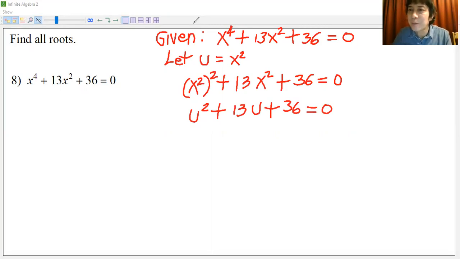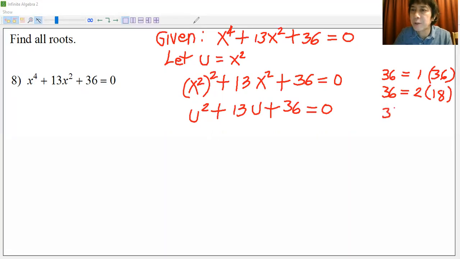Let's find out. 36 is 1 times 36. Also, 36 is 2 times 18. What else? 36 is 3 times 12. What else? 4 times 9. Yes, 36 is 4 times 9.